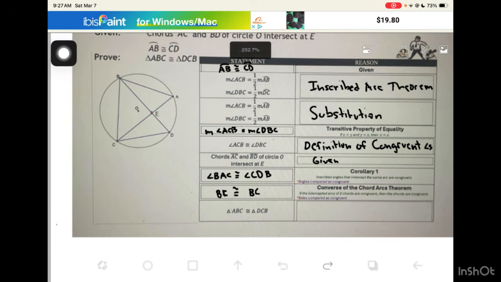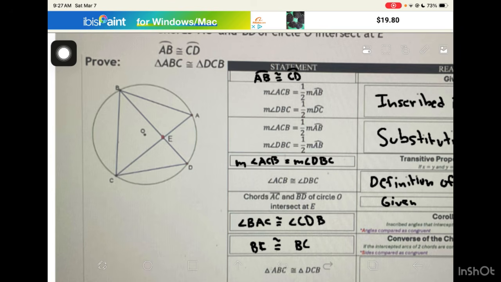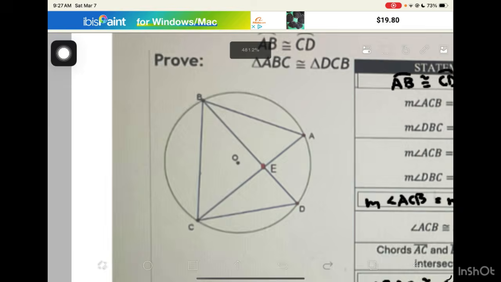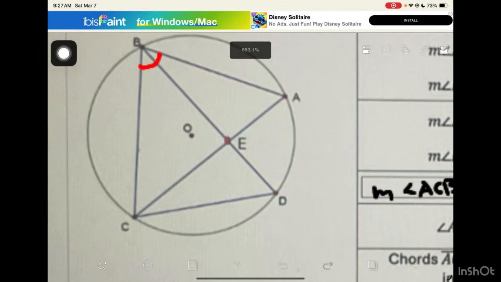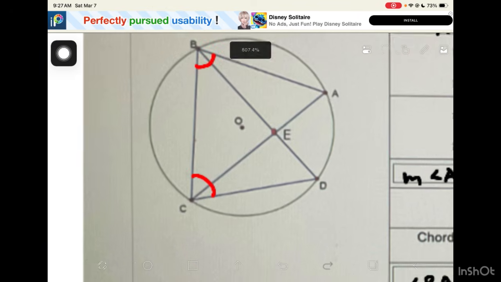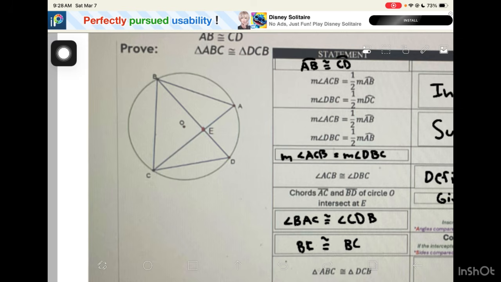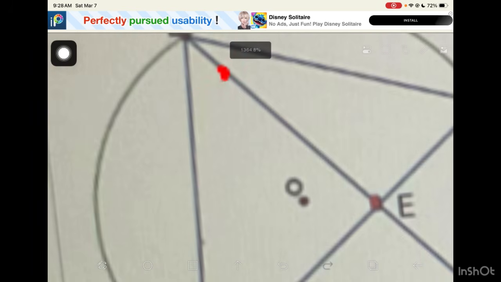Now I don't know what to put for the last part because it's clear we solved two angles, right? So we have M of ACB, let's highlight that. ACB, this one, and DBC, this one.